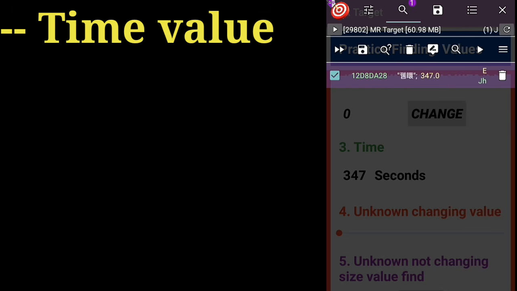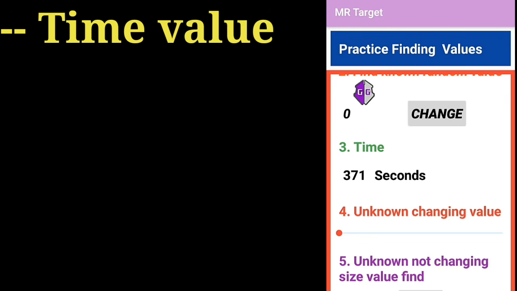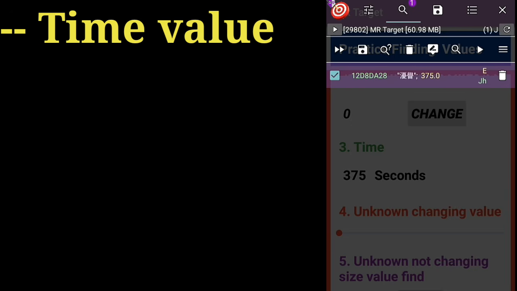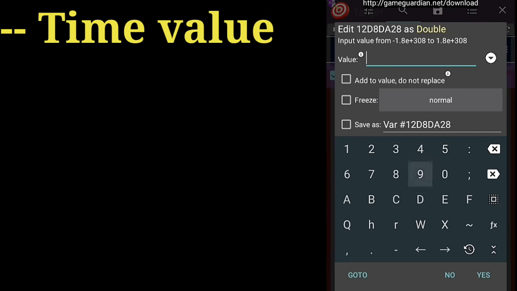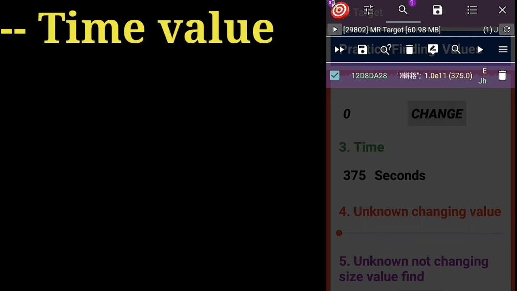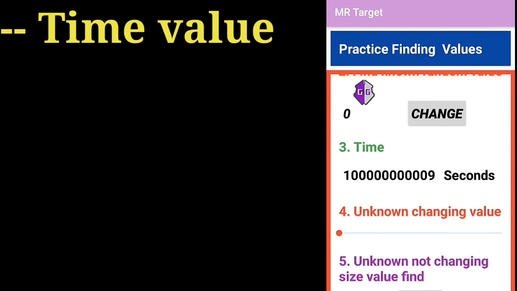Here we found only one value, so let's check it. The value is increasing with the time value, so this is our time value. Let's edit it and click yes. Now the time value has been changed. You can try this method if the first one does not work.